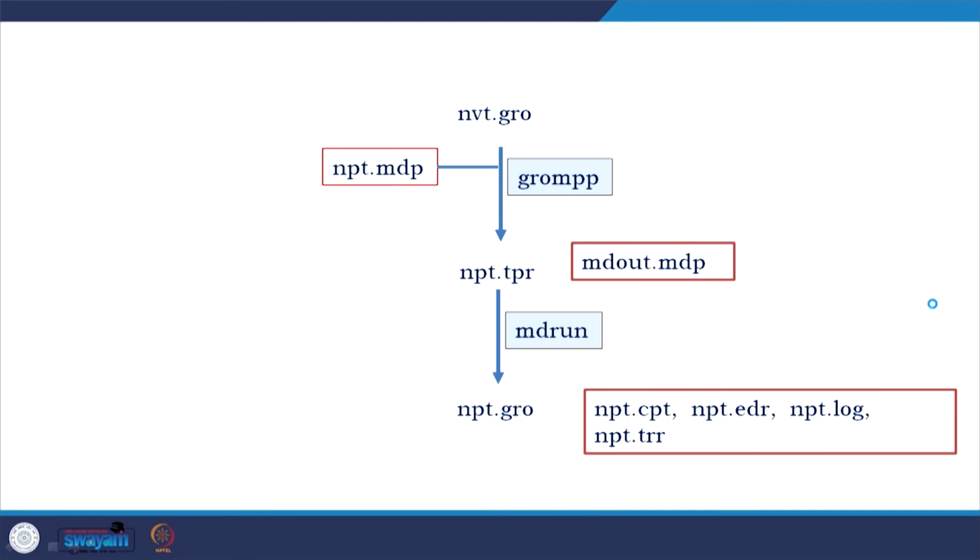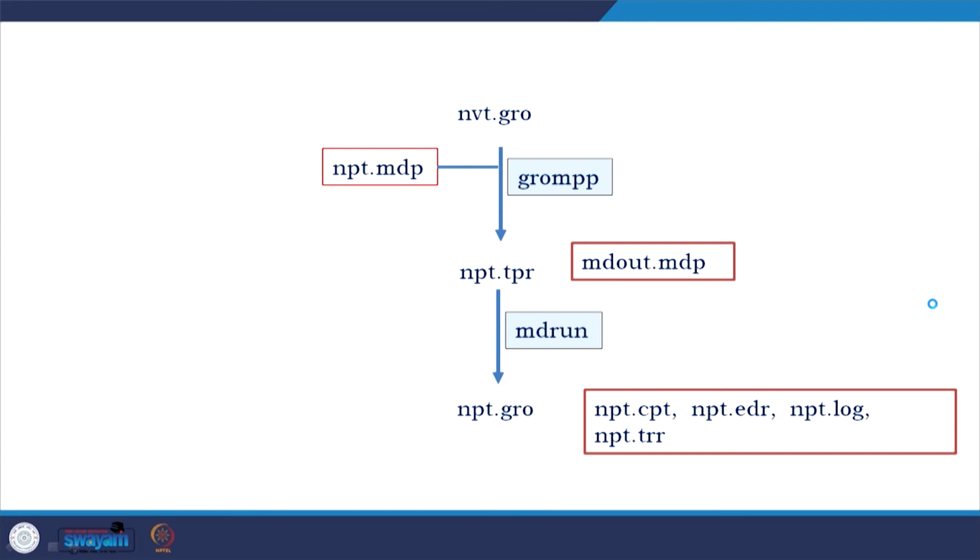Now, you come here with nvt.gro, and again you do the same thing with npt.mdp because you are going to do equilibration with NPT condition. So, npt.mdp, nvt.gro and topol.top, three files again merged with grompp to give npt.tpr, and then you again do the md run, you get npt.gro, with npt.cpt, npt.edr, npt.log and npt.trr.